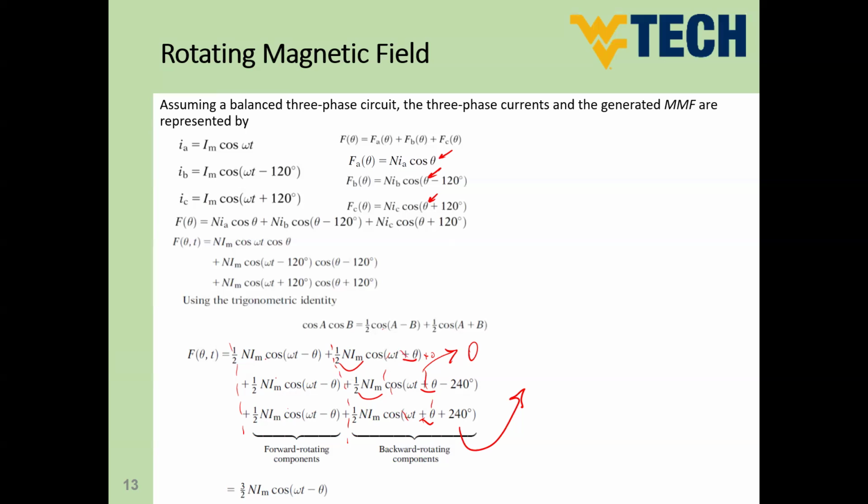Why is it rotating? Because it's a cosine function. And the phase shift of 120 degrees between the phases cancels the backward flux in our machine and allows the machine to have a rotating magnetic field. So this is the conclusion of this derivation.